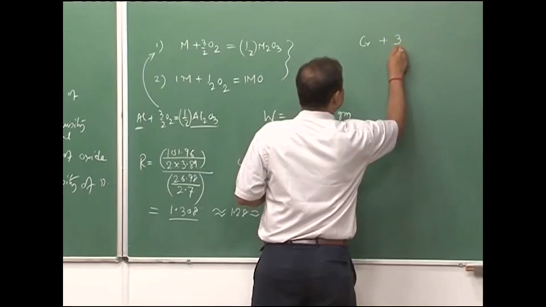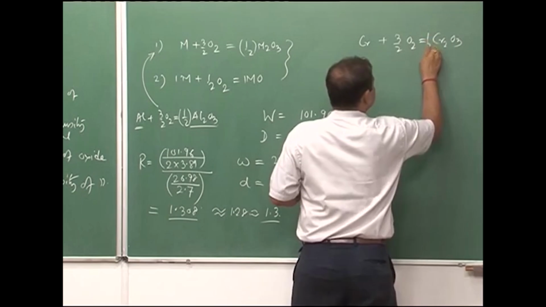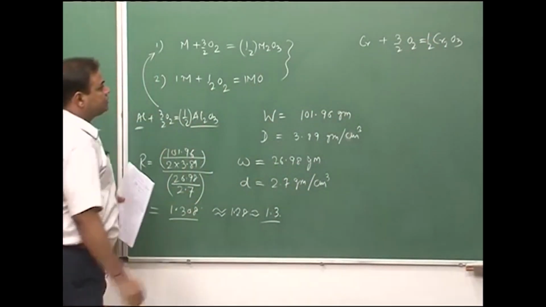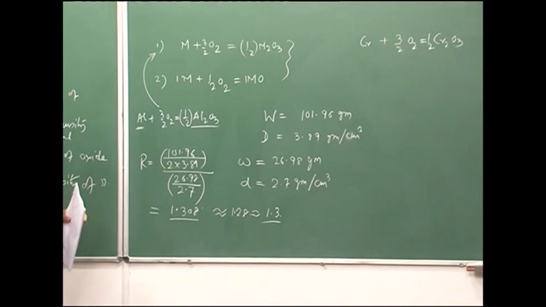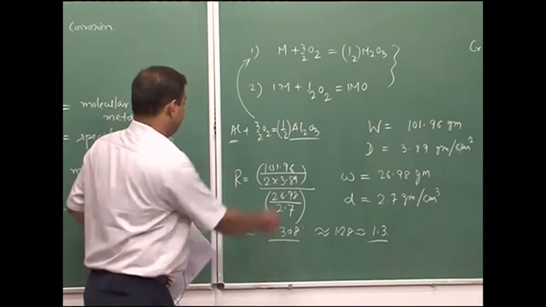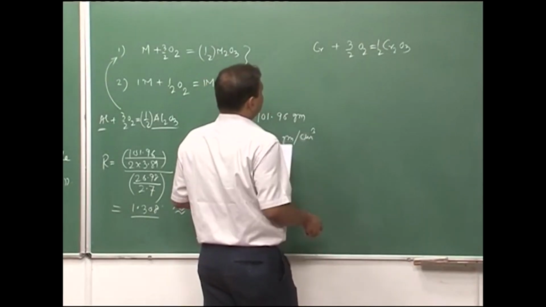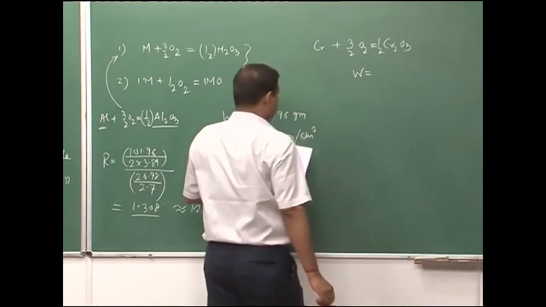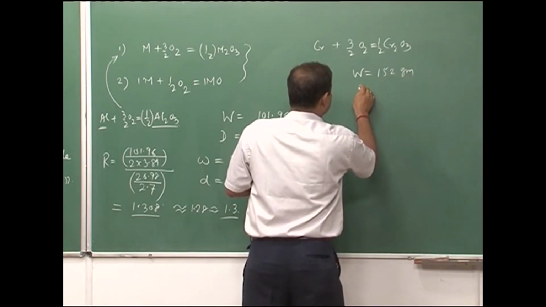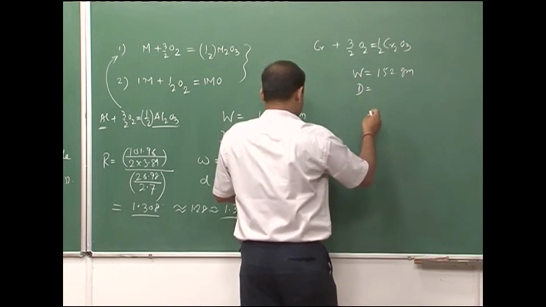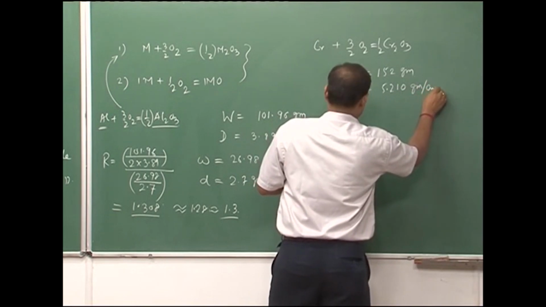Chromium plus oxygen, again the reaction would be of this nature, same as Al2O3, the calculation would be the same, and here also we need to put the factor half, to be multiplied with this particular ratio in order to get R. So, here also we can find out the capital W of oxide, which is 152 gram, capital D is 5.210 gram per centimeter cube.